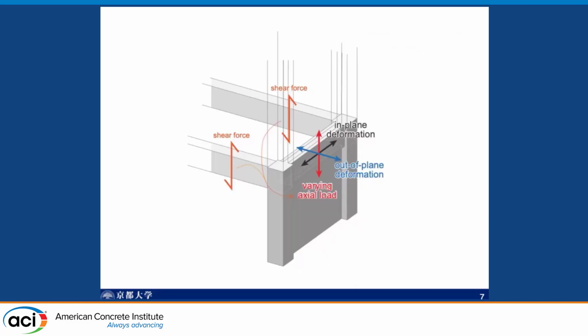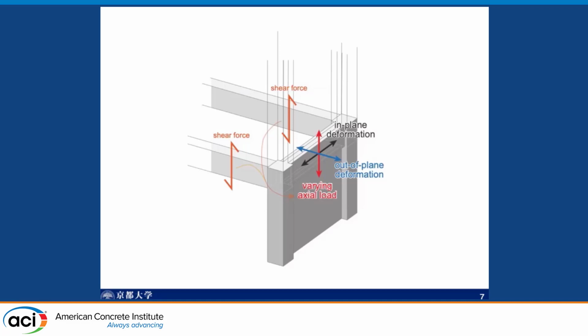This is a schematic figure of the wall, and this is the main direction of the wall. We call it the in-plane direction. In the out-of-plane direction, we usually have the beams.